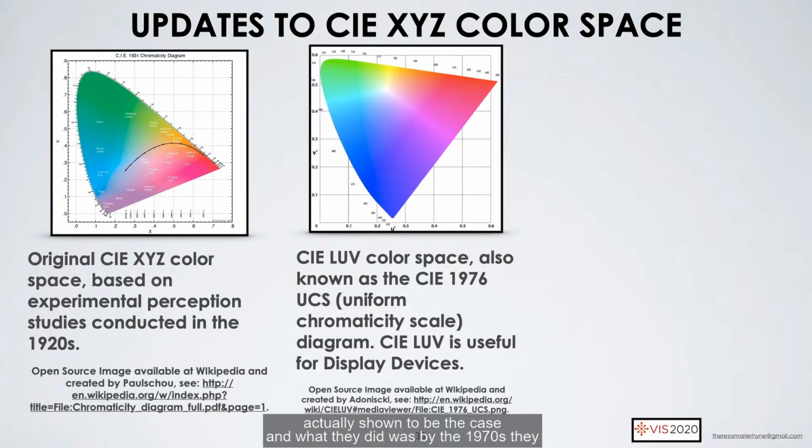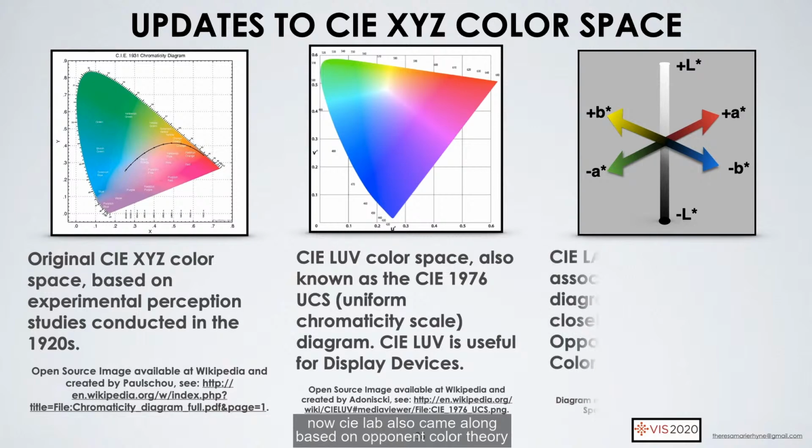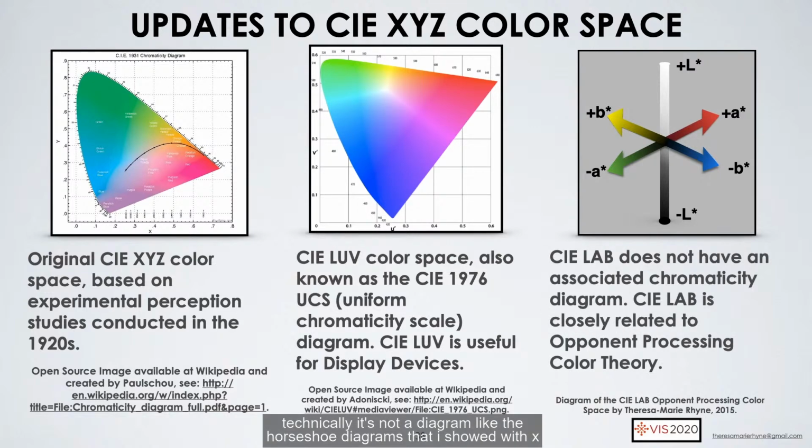By the 1970s, they were getting new data, and they came up with a new space, CIE Lab color space. This was designed for display systems, and you're going to see that it really changes a lot; it's not as heavy on the greens. Now, CIE Lab also came along based on opponent color theory. Technically, it's not a diagram like the horseshoe diagrams that I showed with XYZ.